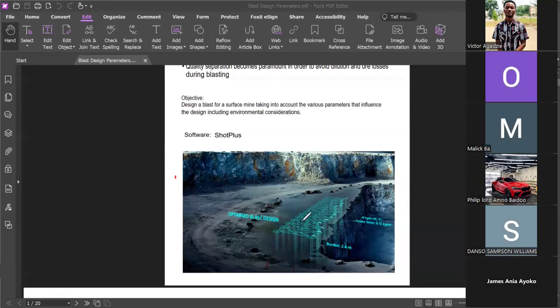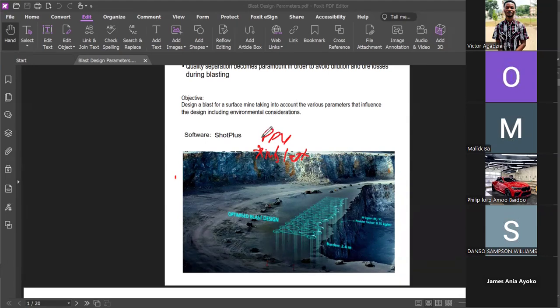They run the simulation. When I say the environmental impact, I'm talking about the side effects: the PPV, that is the blast-induced ground vibration, and also air blast. Those two environmental parameters are very significant.